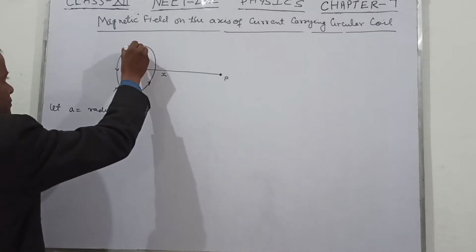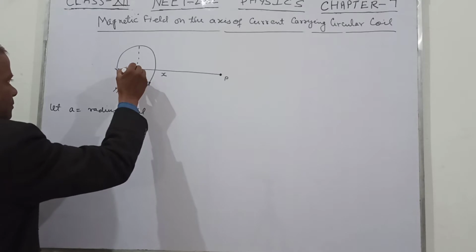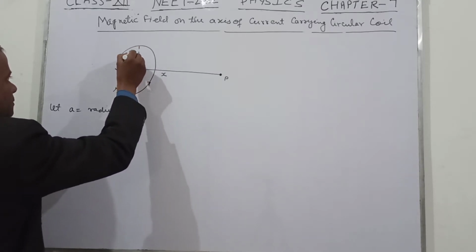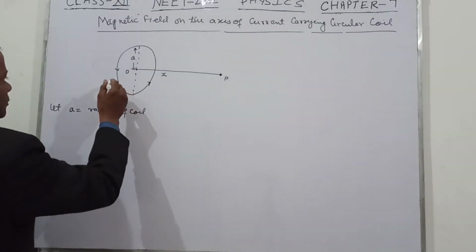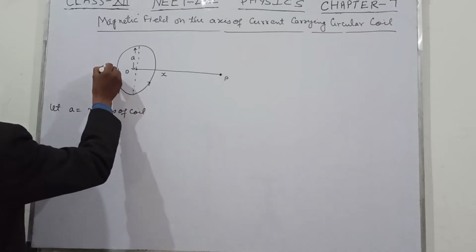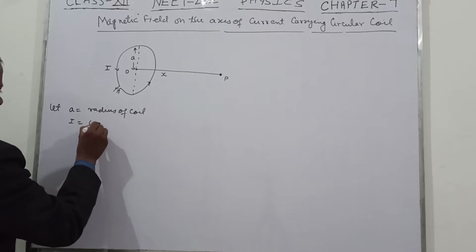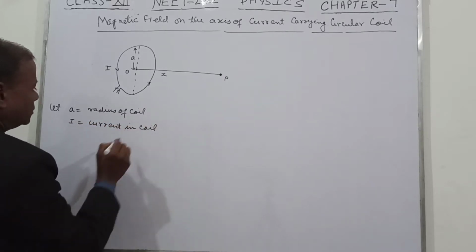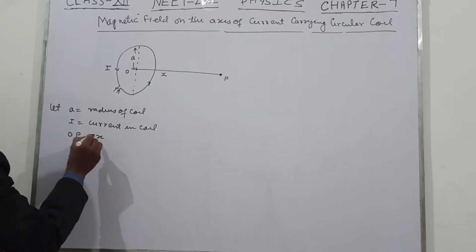So this is now radius, this is radius A. Now let it carry the current I, I equal to current in coil. Let OP be equal to X.